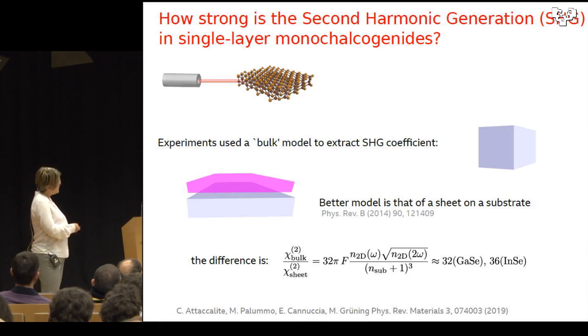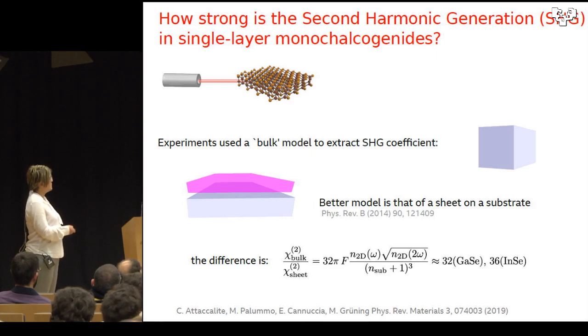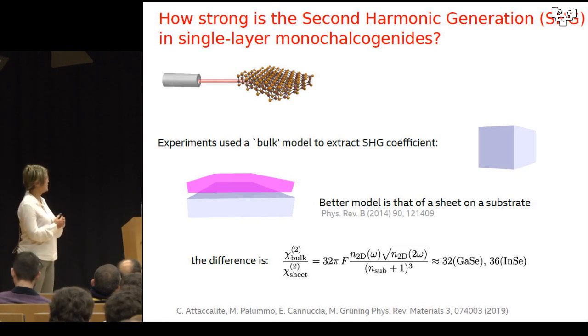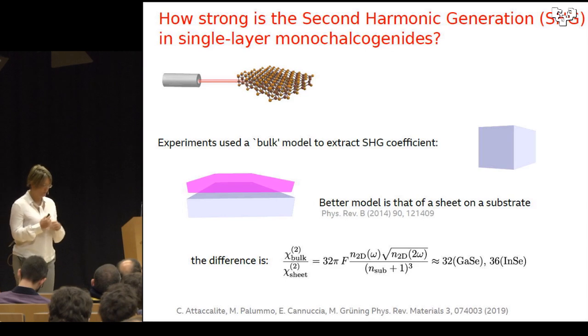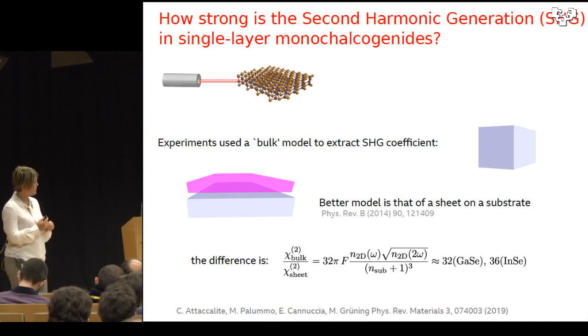And if we use this formula for our material, we see that we have about a factor 30, and this factor 30 can indeed account for the difference between what we are calculating and what is measured.